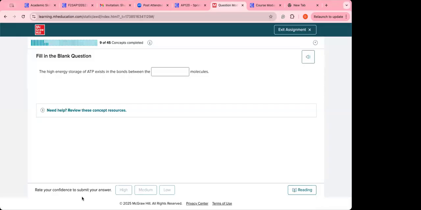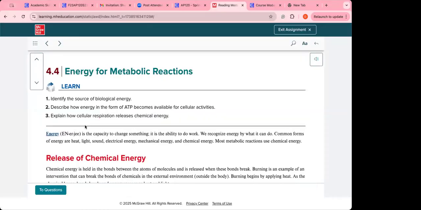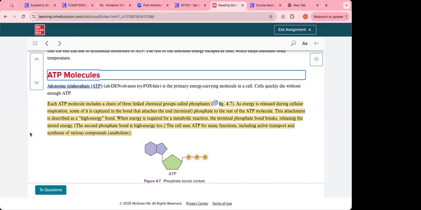The high energy storage of ATP exists in the bonds between what kind of molecules? Each ATP molecule includes a chain of three linked chemical groups called phosphates.